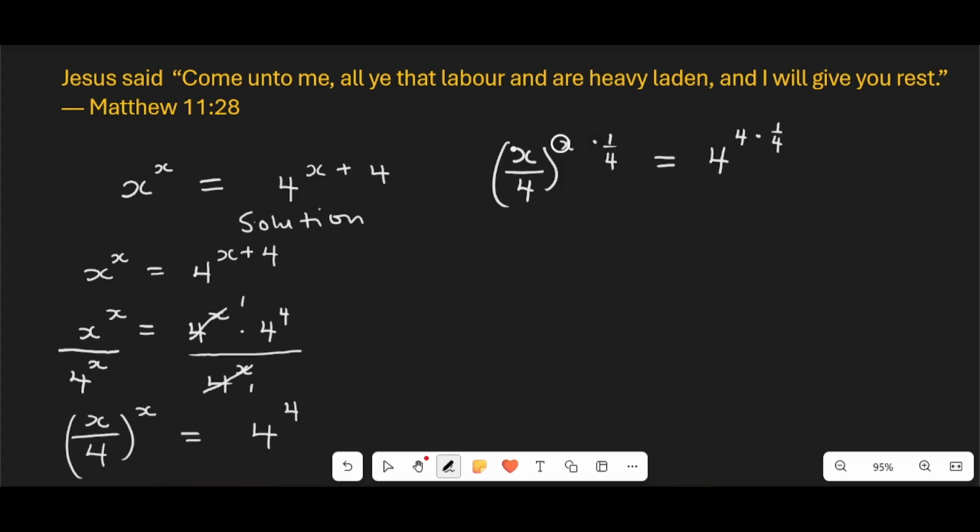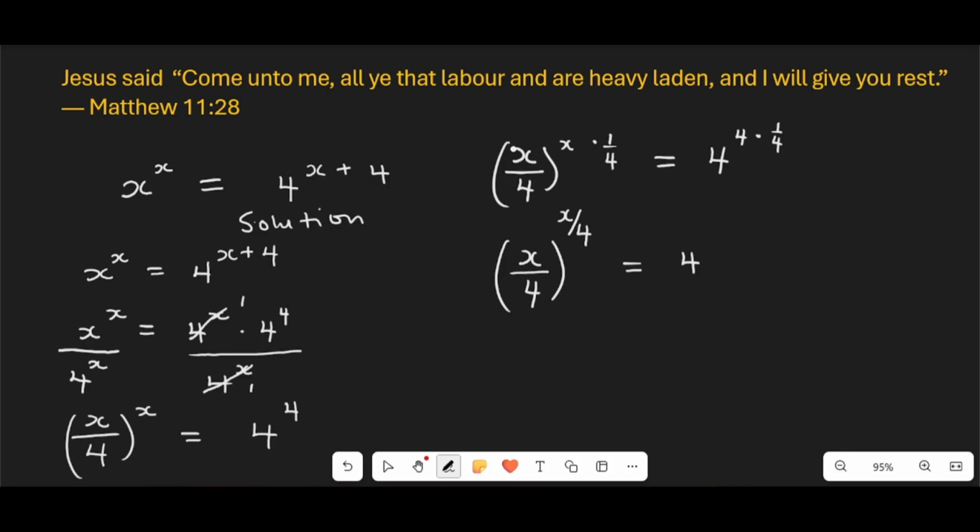Let us multiply x and 1 over 4. So we are going to have x over 4 all raised to power x over 4 is equal to 4 multiplied by 1 over 4 will give us 4.